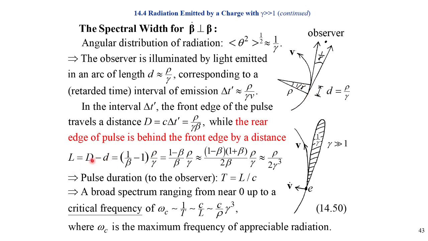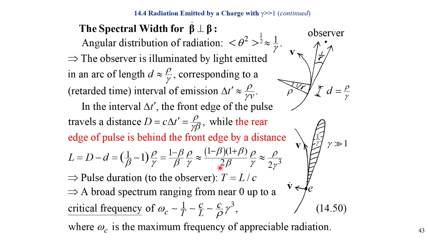Okay? So from this calculation, we know 1 over beta minus 1 times rho over gamma. And this one can be simplified into 1 plus beta over 2 beta, because beta is very close to the speed of light, maybe 9 digits, 0.9999999, for example.